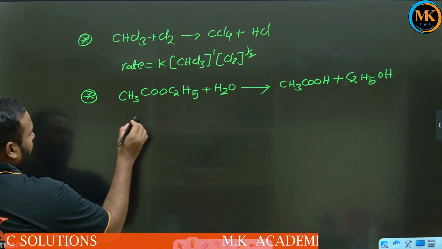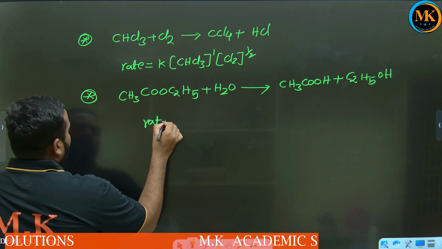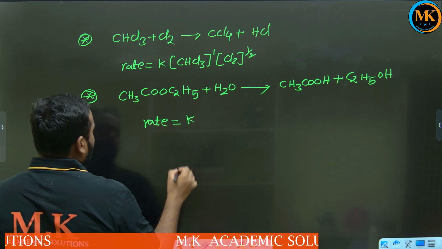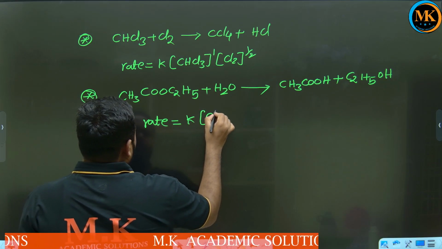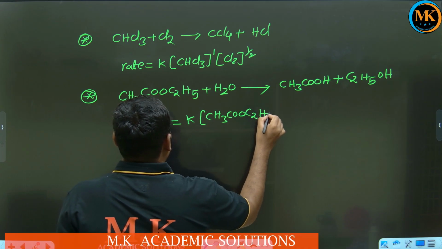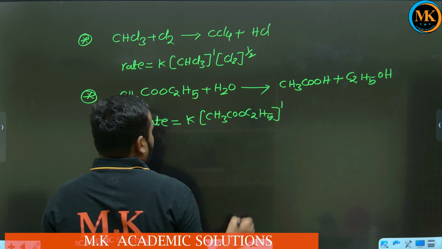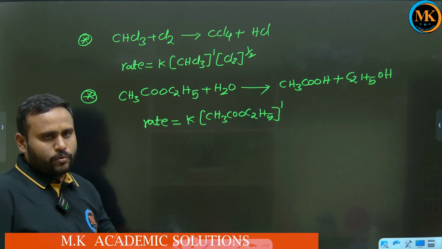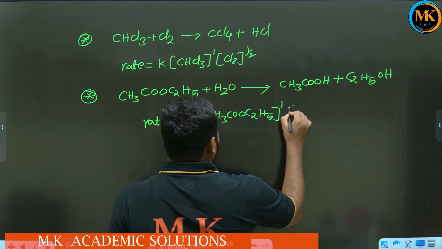For this, rate equal to K into CH3COOC2H5 power 1, but H2O power 0.